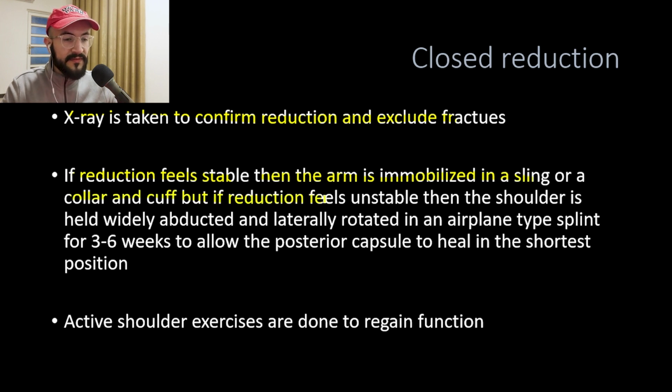But if reduction feels unstable, then the shoulder is held widely abducted and laterally rotated in an airplane type of splint for 3 to 6 weeks to allow the posterior capsule to heal in the shortest position possible. And active exercises are done to regain function.